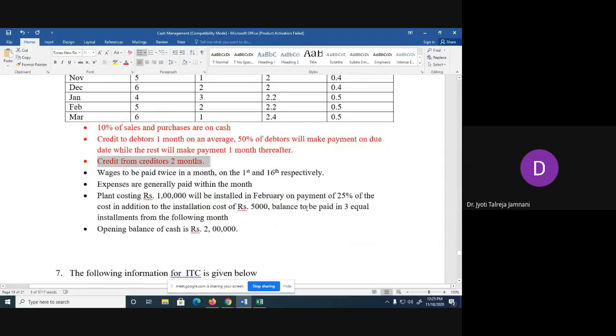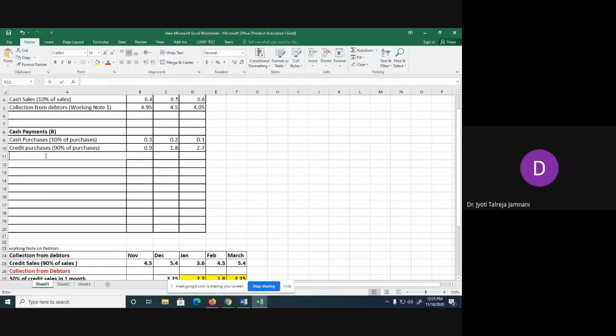Then wages to be paid twice in a month, on the 1st and the 16th respectively. Such kind of sums we have done earlier also. So we have to pay wages half in the current month and half of the previous month, right? First we'll write here wages, twice a month.